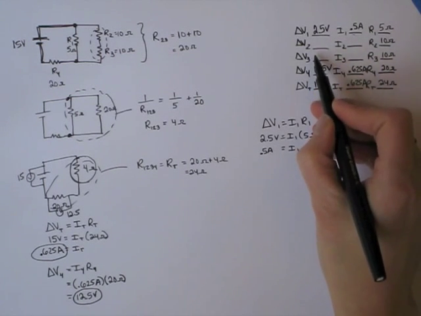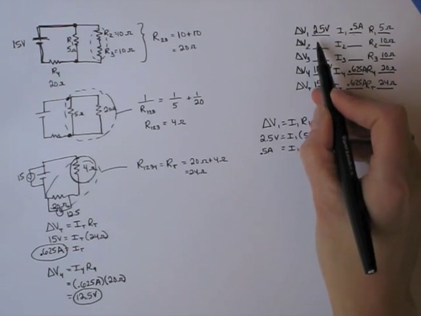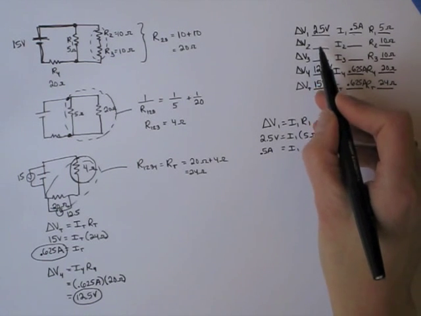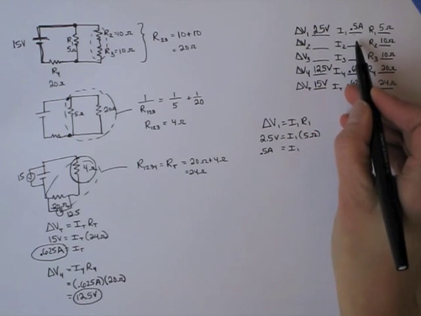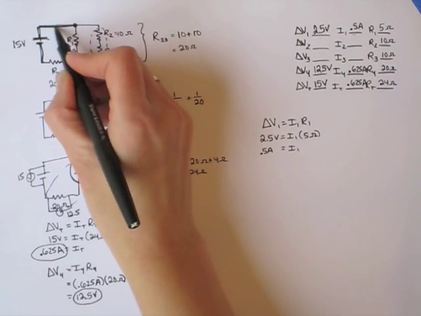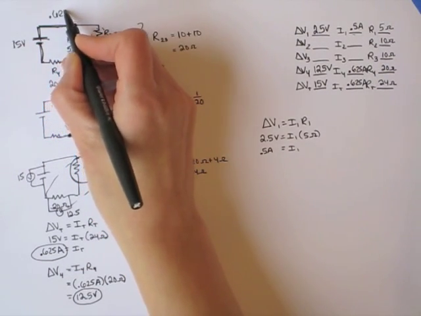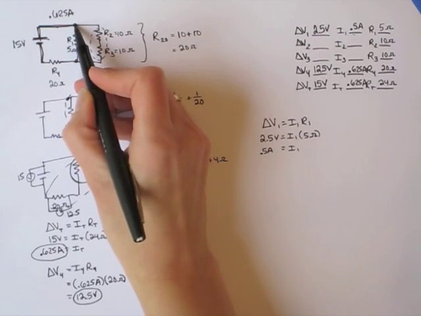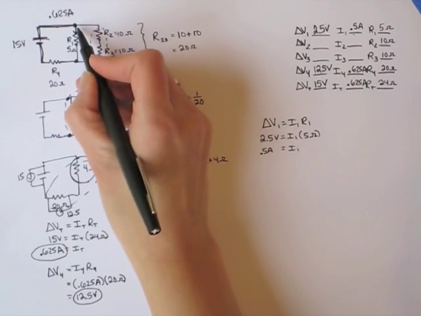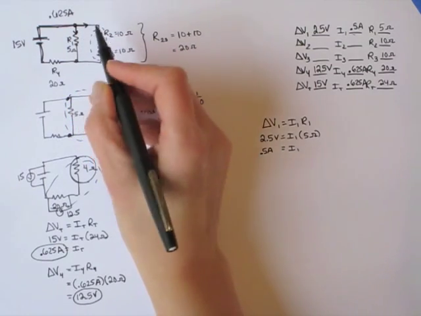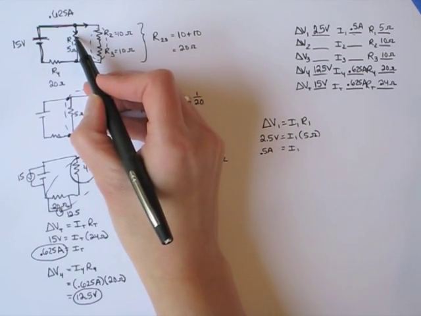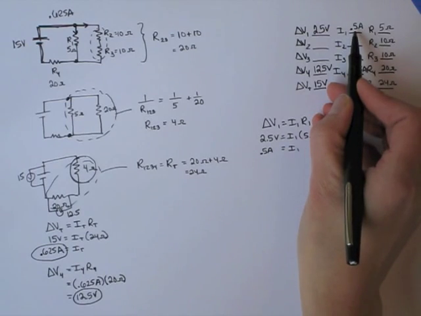We know the combined pressure difference here would have to be 2.5, but we don't know how much for each resistor. Let's see if we could do something with the current. The total flow is 0.625 amps, and at this point it's going to split, right? Some's going to go this way, some's going to go that way. The amount that went through this branch was 0.5 amps.